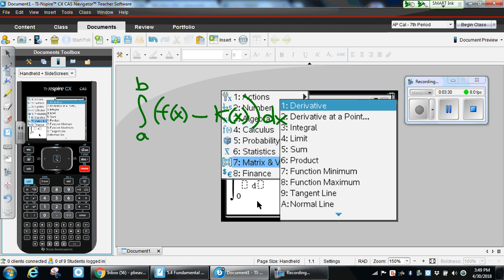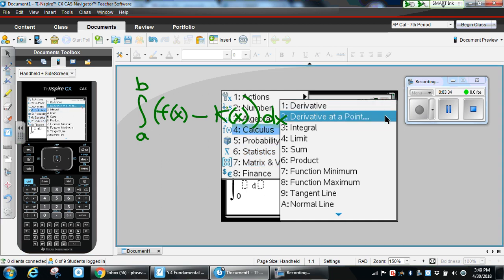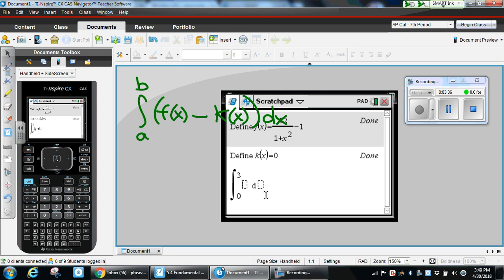You have to go back to the other one. Okay. So from 0 to 3, and we're going to do a parentheses, and then enter our first function, f of x, minus Kayla of x, k of x, and then here we need to put that dx.